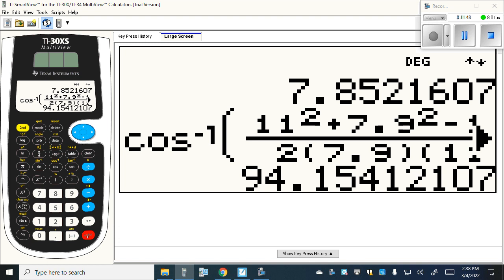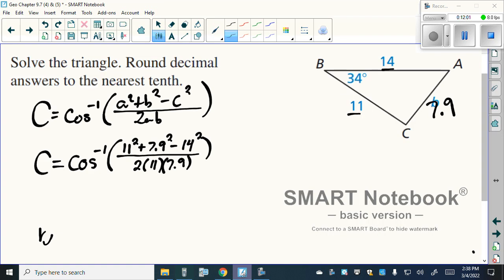And if we're going to the nearest tenth, this would be 94.2. Questions on this? So that tells us angle C is 94.2 degrees.